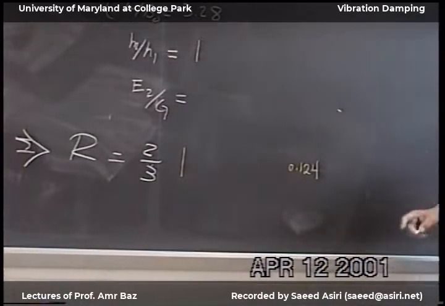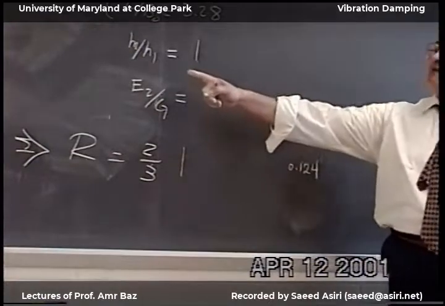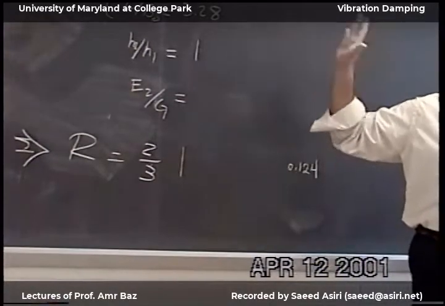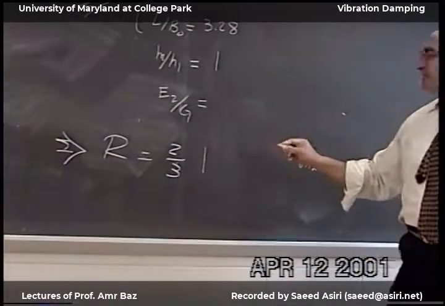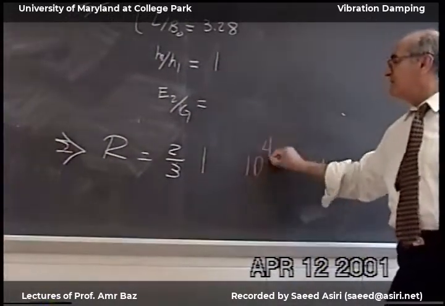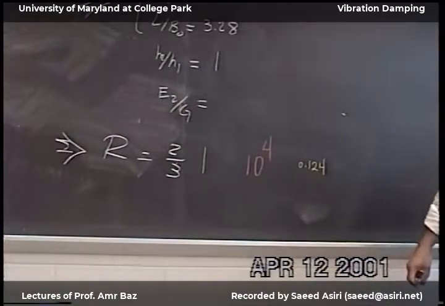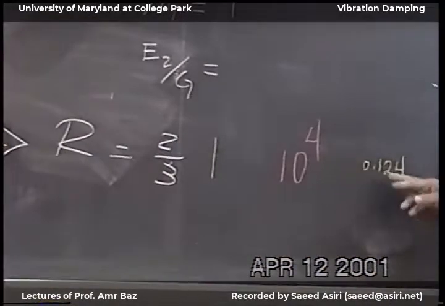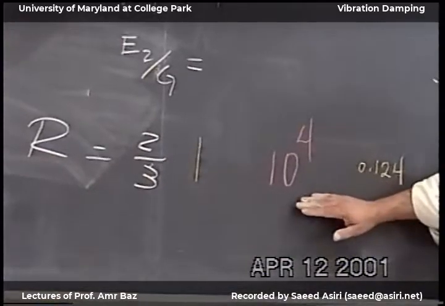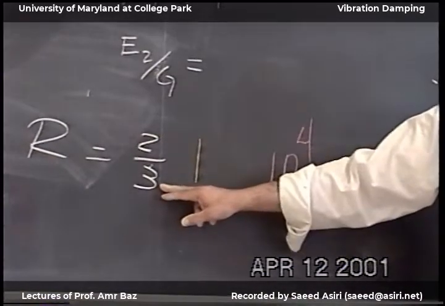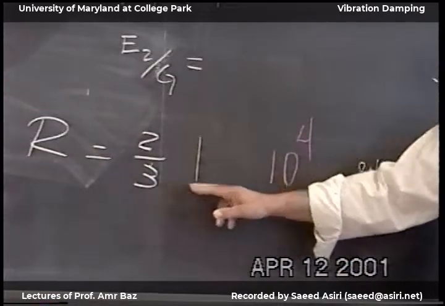Okay, and then now the ratio between E and G, if I use the case of aluminum and Dyad 604, this ratio is 10 to the 4, okay? So if I multiply this times this, it is almost 1,000. When I multiply by the 2/3, okay?